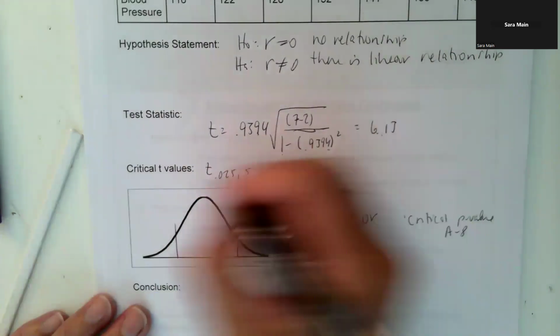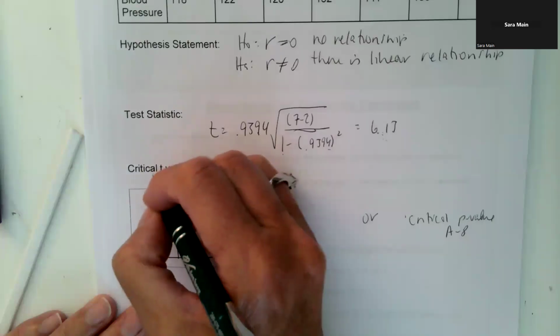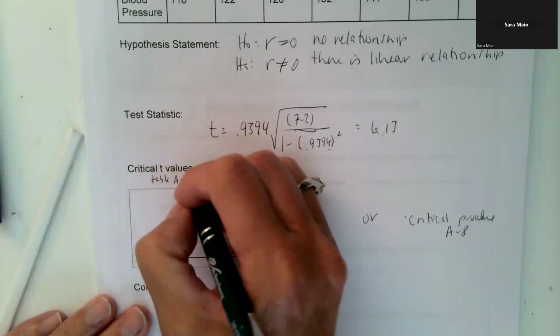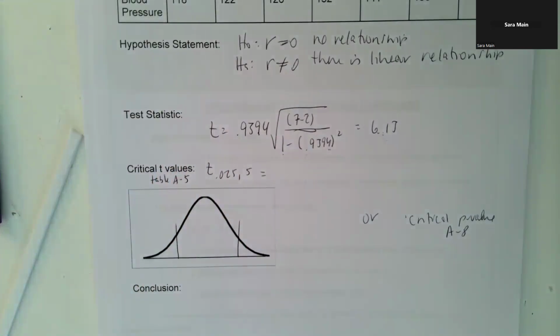And so that's from table A5. We're going to use this critical value.